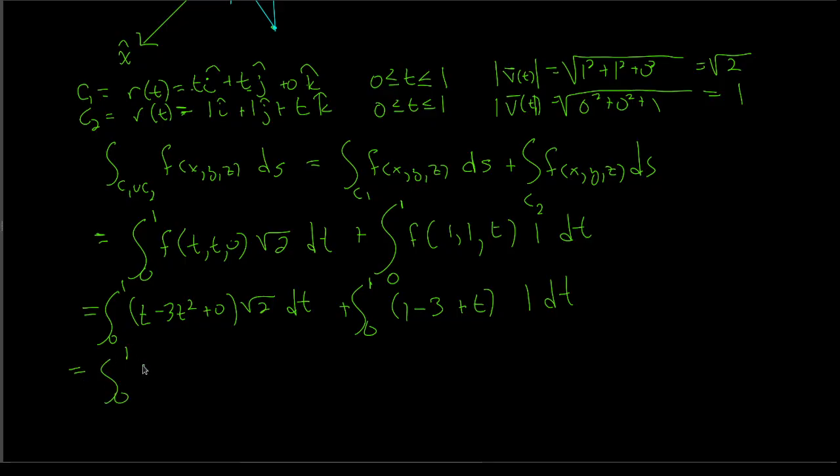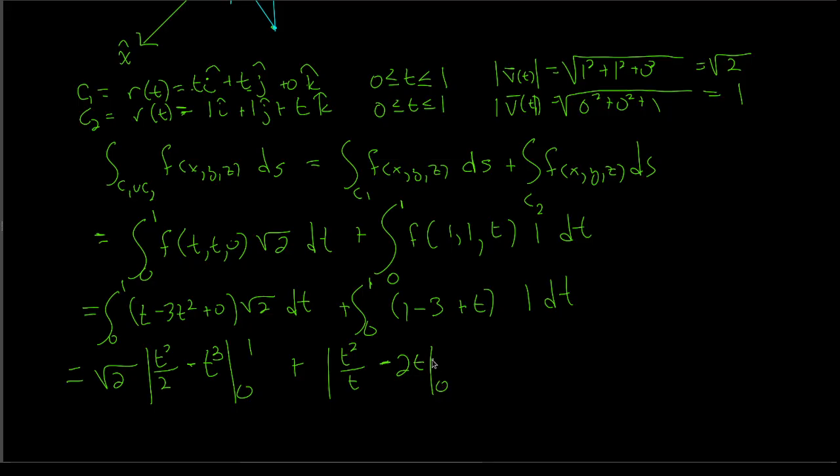So we're going to have, let's bring our root 2 out front. And this is going to be t squared over 2 minus t cubed, evaluated from 0 to 1, plus t squared over 2 minus 2t, evaluated from 0 to 1.